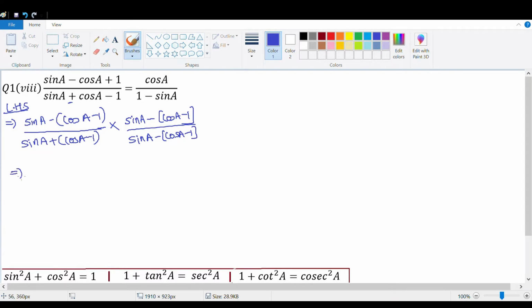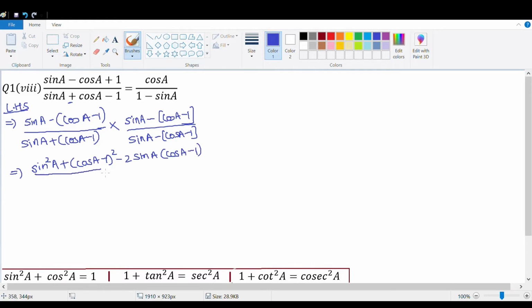So this becomes in the numerator x minus y whole square, which means x square, which is sine square A, plus y square, which is cos A minus 1 whole square, minus 2 times first term multiplied with second term.